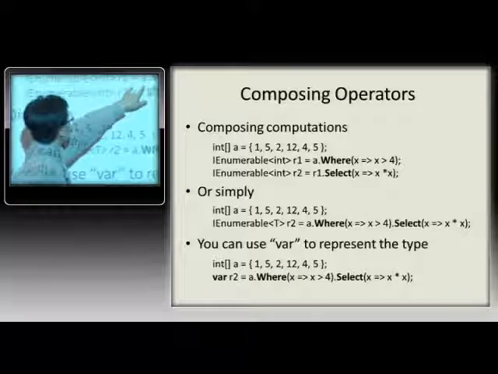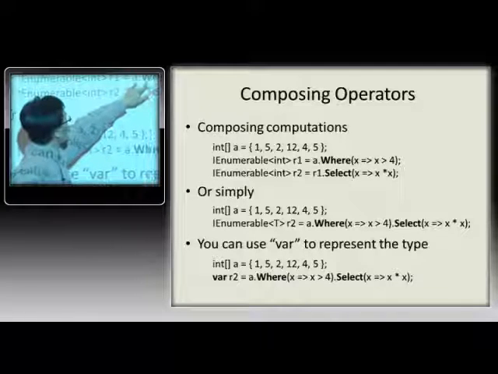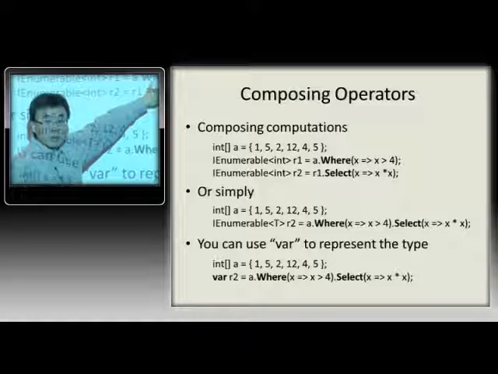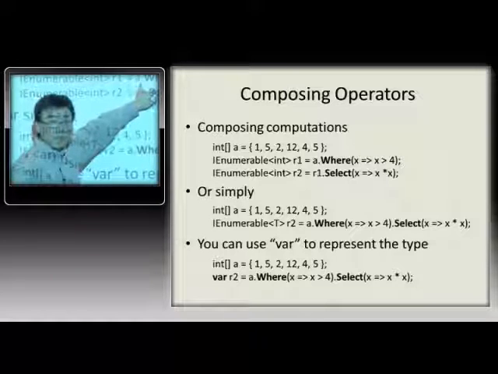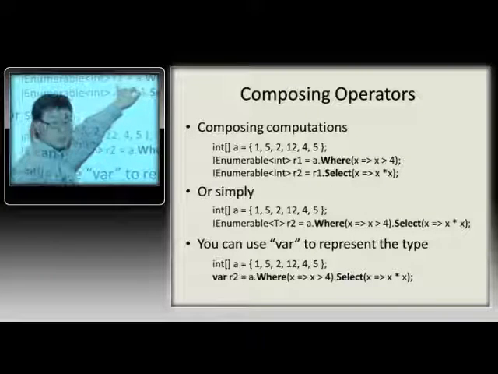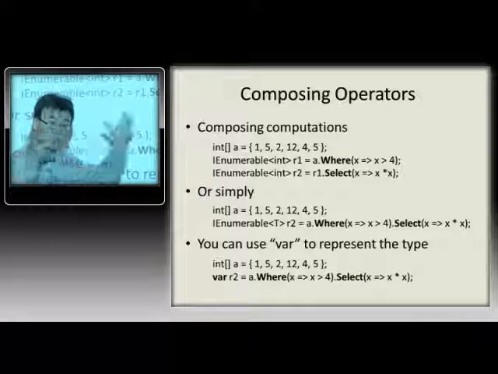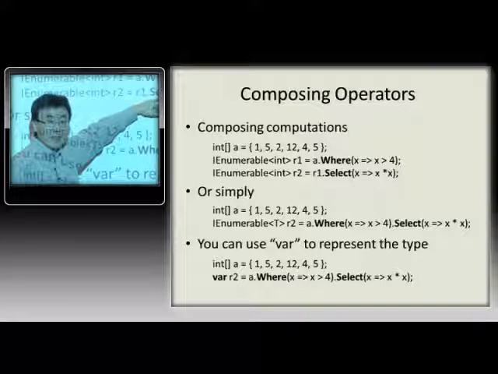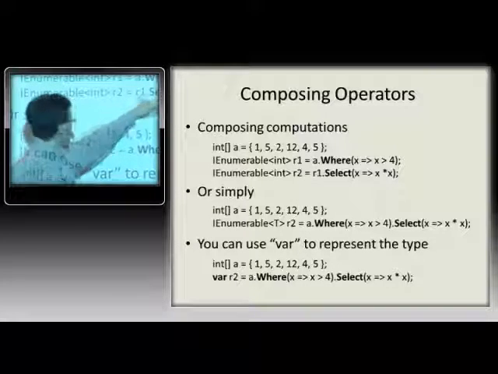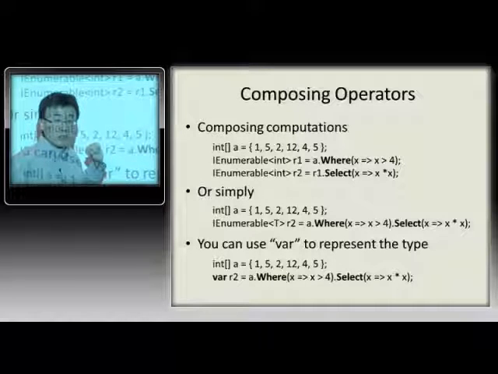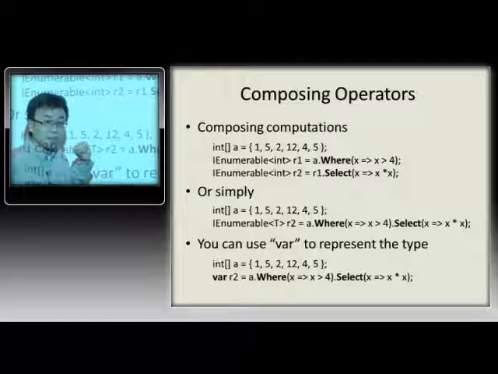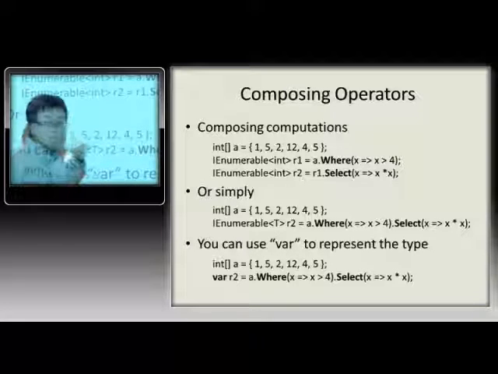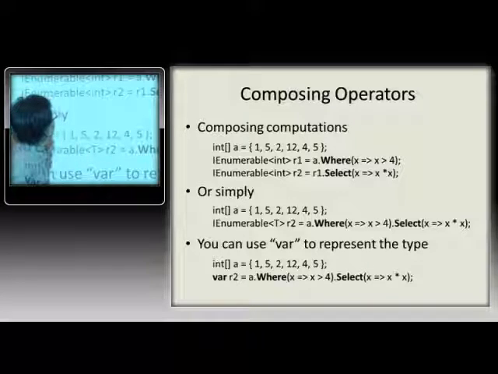Okay, so we apply the where operator on A, and that gives us R1, which is another collection. And now from R1, I'm applying another operation, and that gives us R2. Is there any particular order in which elements are stored? Here, it would do the square operation on the elements 4, 5, and 12.